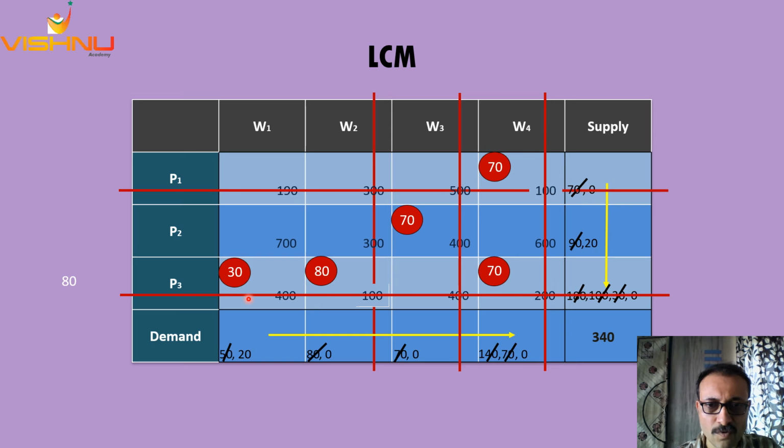We strike off the row, and now we are left with this lone cell, which is P2W1, where we make the final allotment, which is, if you observe, 20 as well as 20.